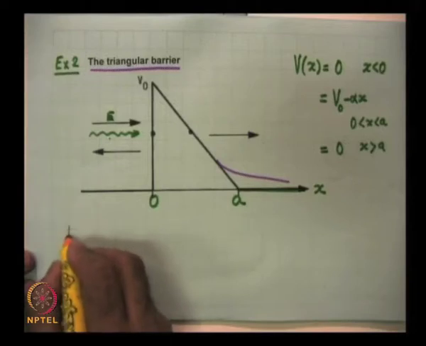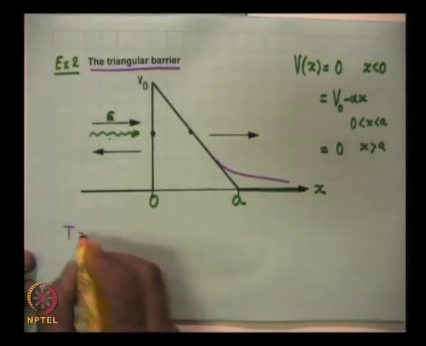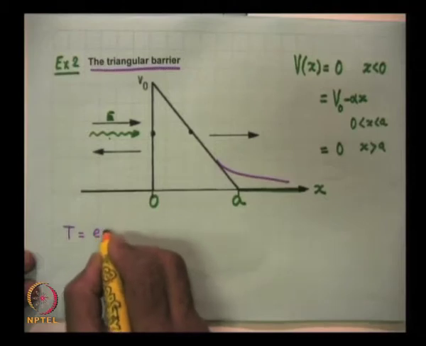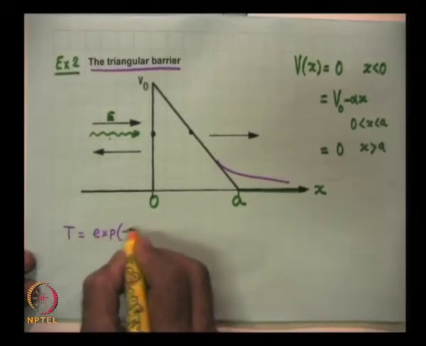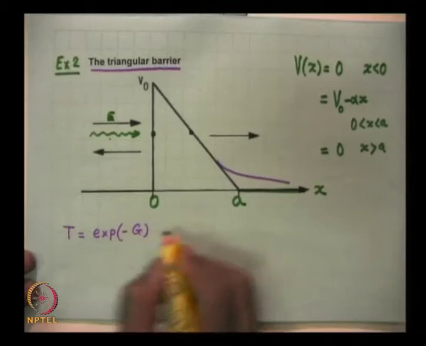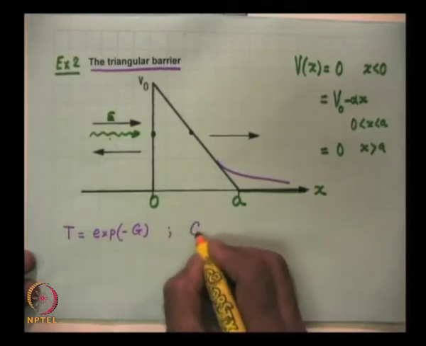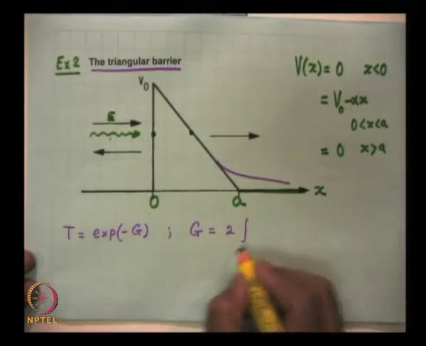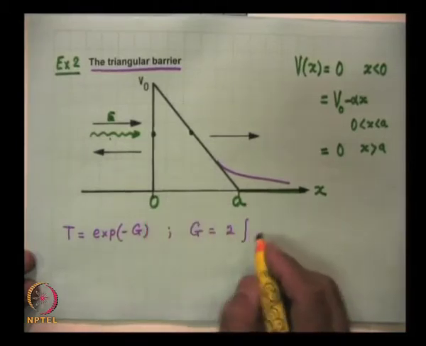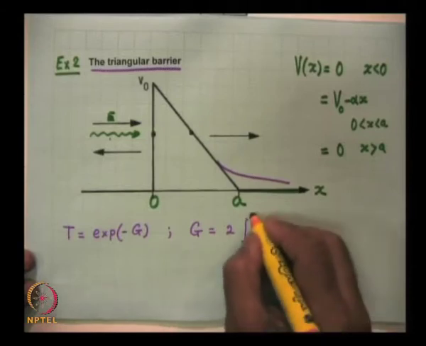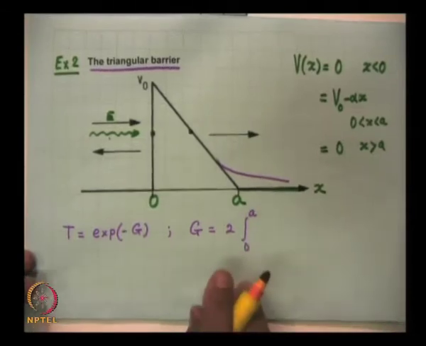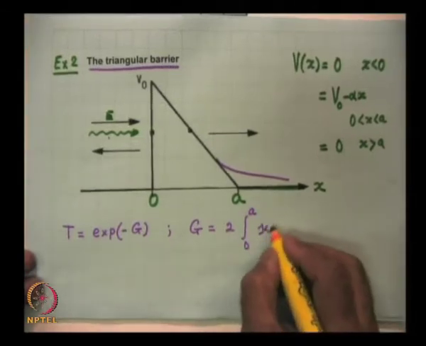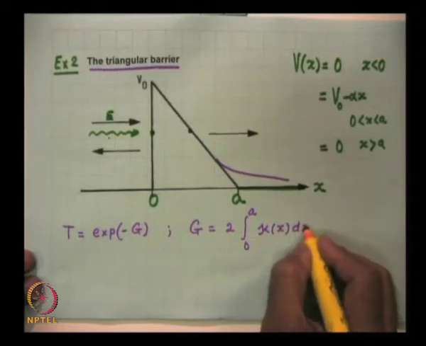So, the tunneling probability, as you know, is exponential of minus g, where g is equal to 2 times the integral between the turning points, here 0 to a, of kappa of x dx.